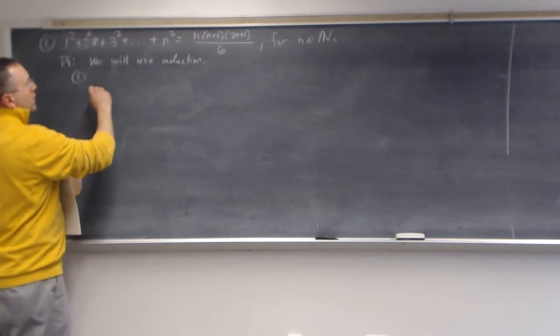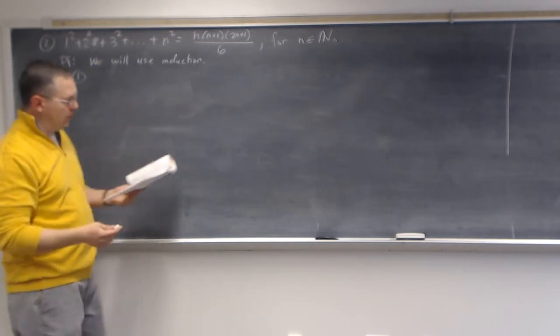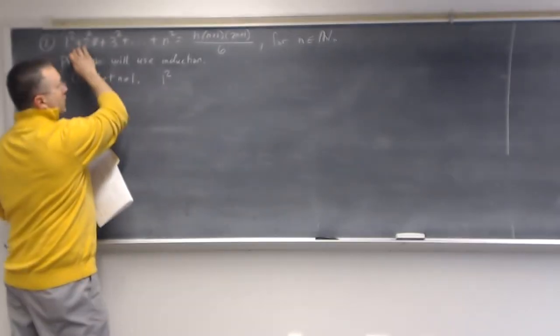Basis step. You choose the smallest n. Some of your statements had n as a natural number, some had n greater than or equal to 0. So your basis step is going to be the smallest one. In this case, we're going to let n equal 1. What does the statement say? When n equals 1, we have 1 squared on the left side.